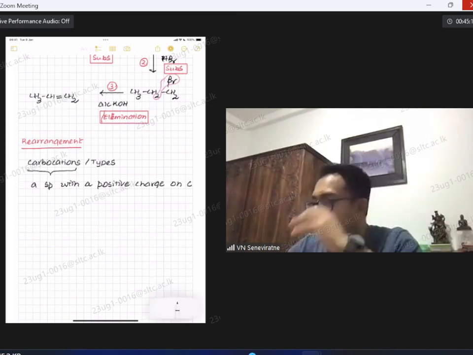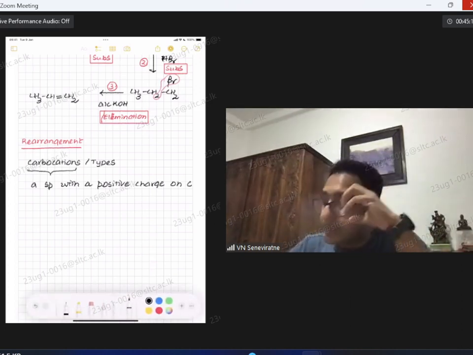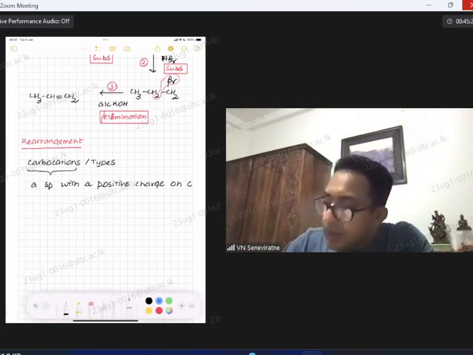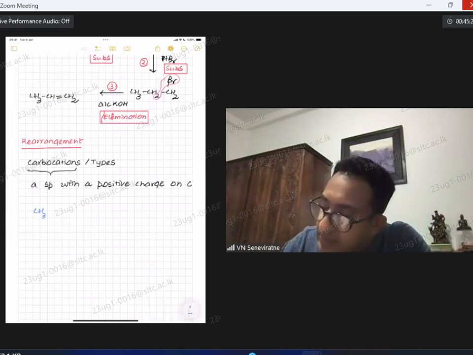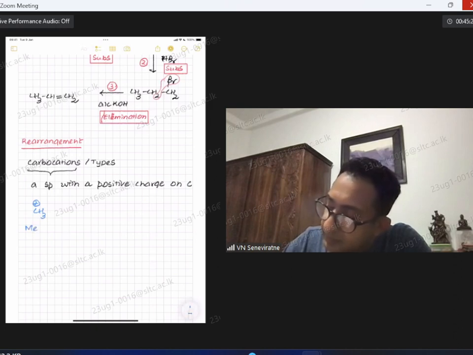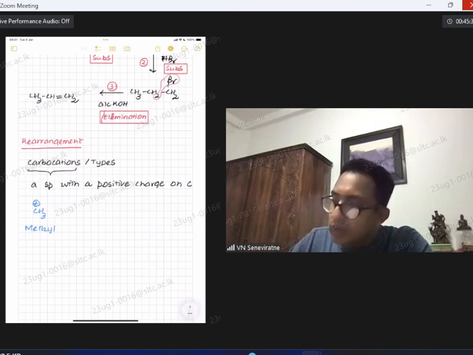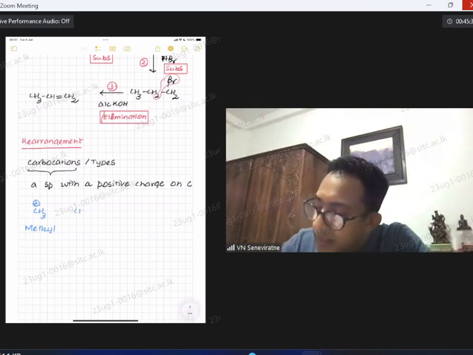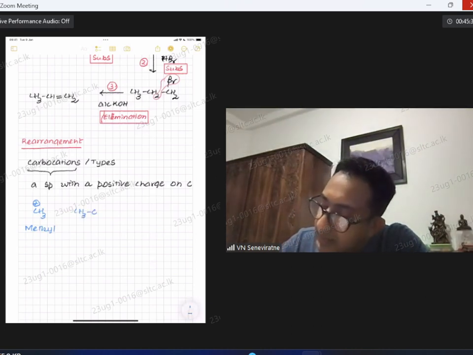There are four types of carbocations. First one is called methyl carbocation, CH3 plus. Then you have primary carbocations, where the positive charge containing carbon contains only one alkyl group.